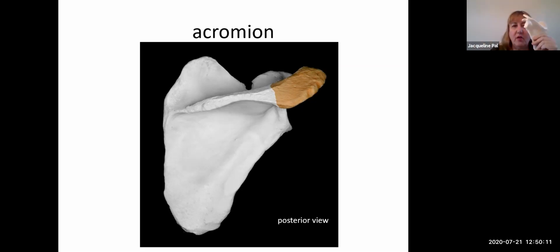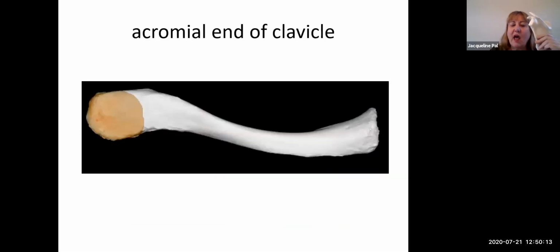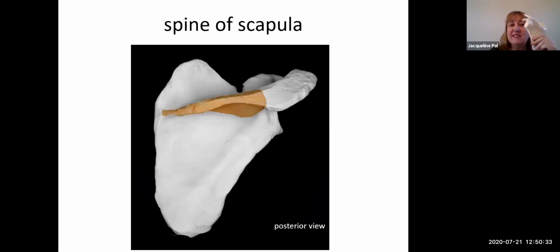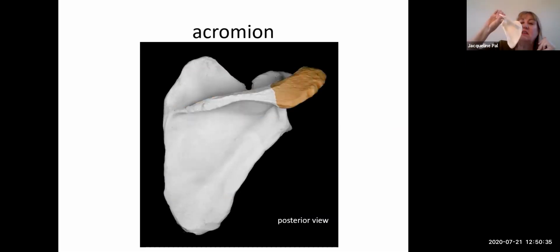And remember, in the clavicle, we had the acromial end, and that is because that flat end of the clavicle articulates right here with the acromion. So acromial is the adjective form. So it's the acromial end of the clavicle, but on the scapula, it is the acromion, the noun form of the word.